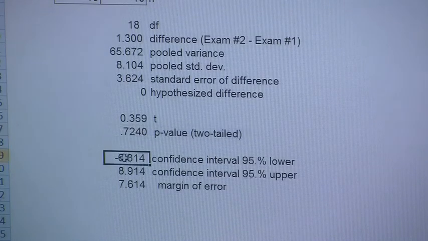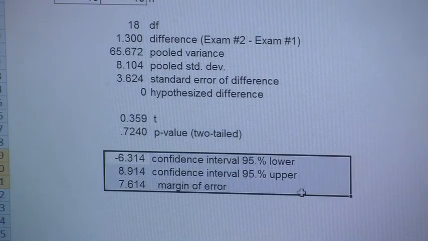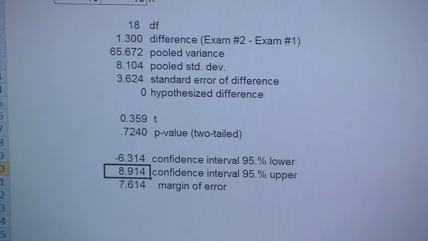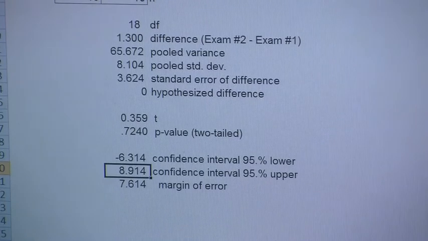The rest of the story told here by the margin of error on our confidence interval is we're 95% confident that the average score on exam number 2 was somewhere between 6.3 points lower than the first exam and 8.9 points higher than the first exam, okay?